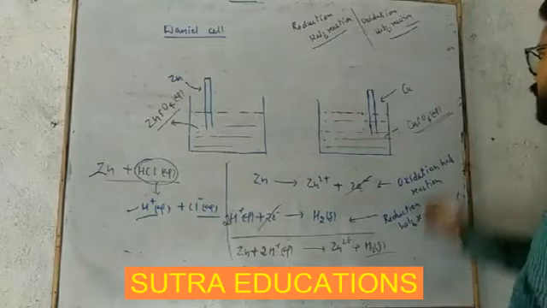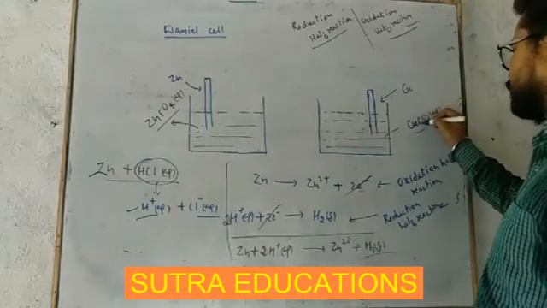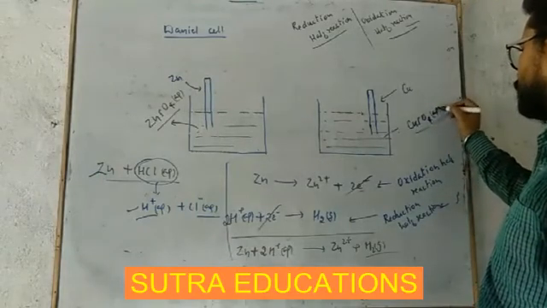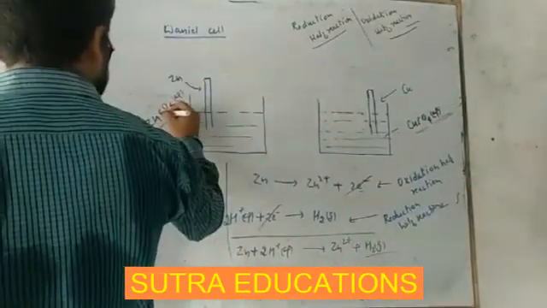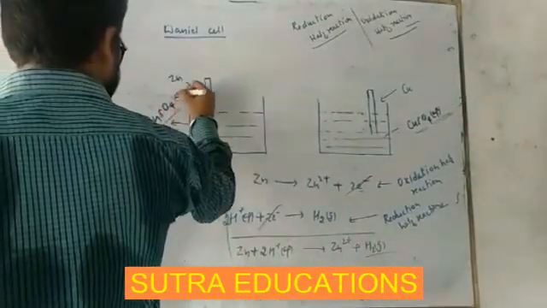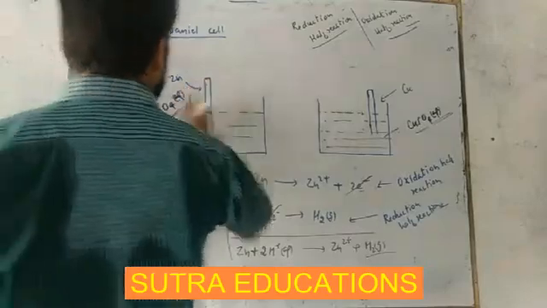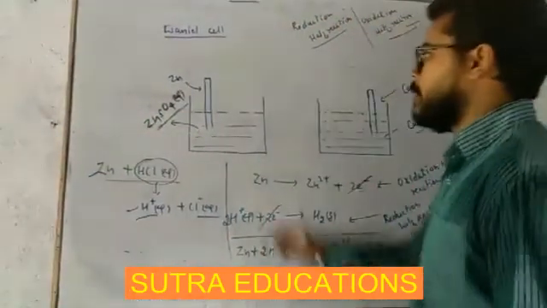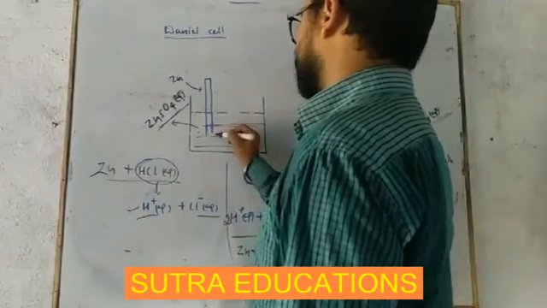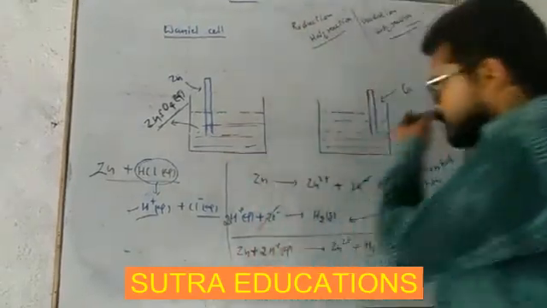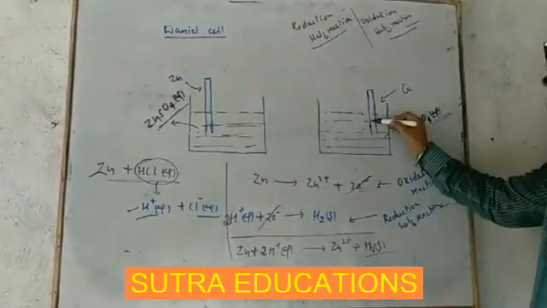Getting this? Here it is copper sulfate aqueous, here it is zinc sulfate aqueous. In zinc sulfate aqueous we have added the zinc rod, and in copper sulfate aqueous we have added the copper rod.